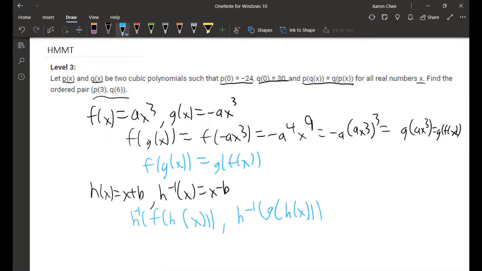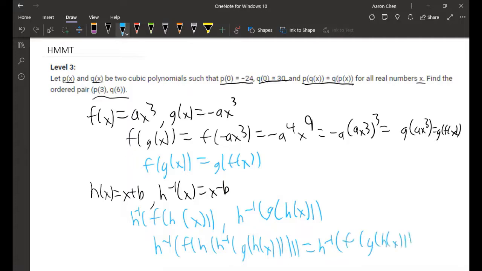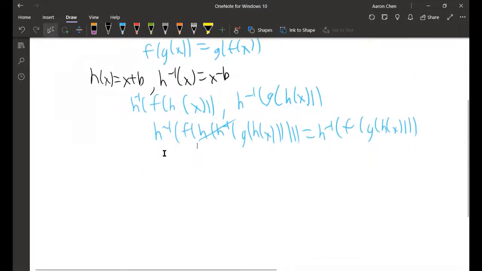And so then we have that h inverse of f of h inverse of g of h of x is simply equal to h inverse of f of g of h of x. And that's because h and h inverse simply cancel out. And now from here, we have that this is equal to h inverse of h of g of f of h of x.